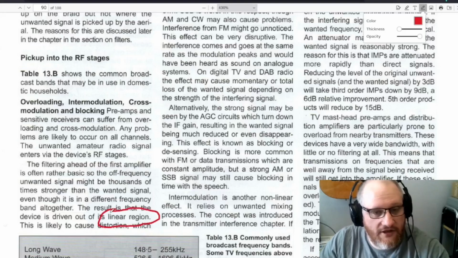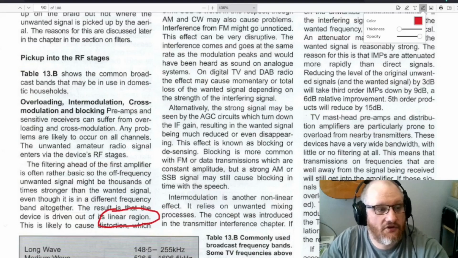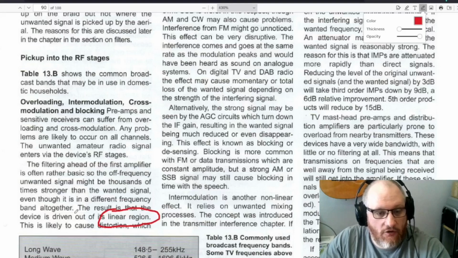The linear region is the zone where these devices will faithfully reproduce their input. An amplifier operating in its linear region will amplify the signal perfectly and add no distortion, but push it outside of its linear region and it's going to start causing distortion, which adds harmonics to what you're trying to listen to.